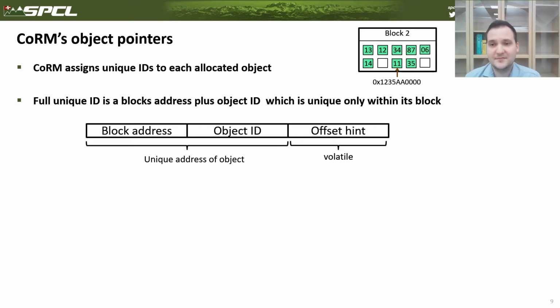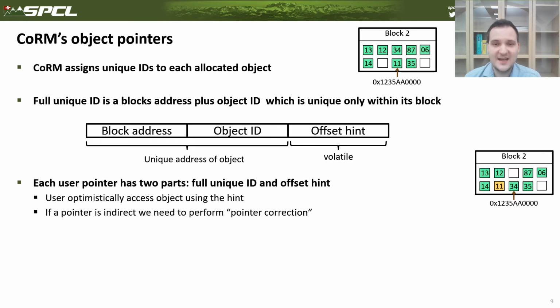So in the example of block 2 on the right side, we know the address of the block, which is defined by 1235AA. And then we have object IDs like 35. So that's how we could uniquely define this object number 35 in the block.